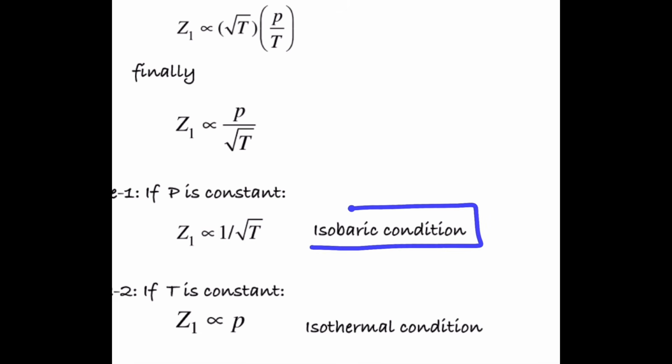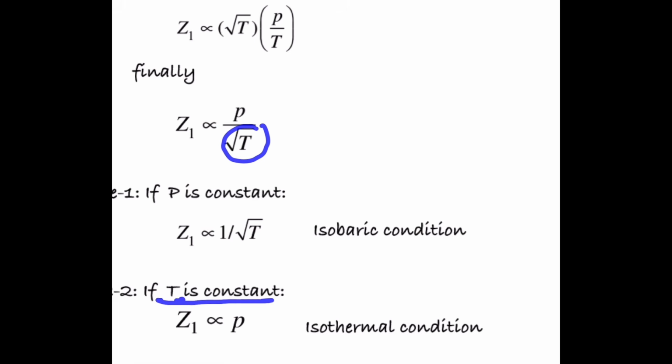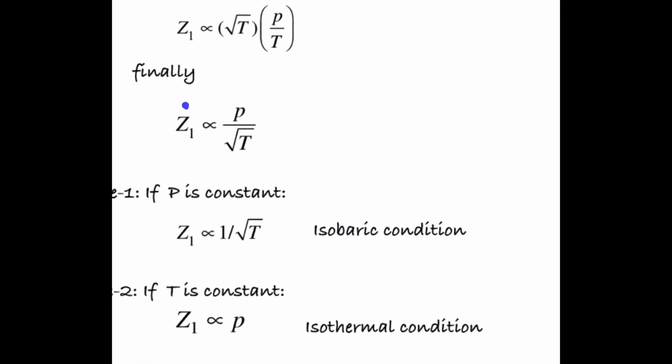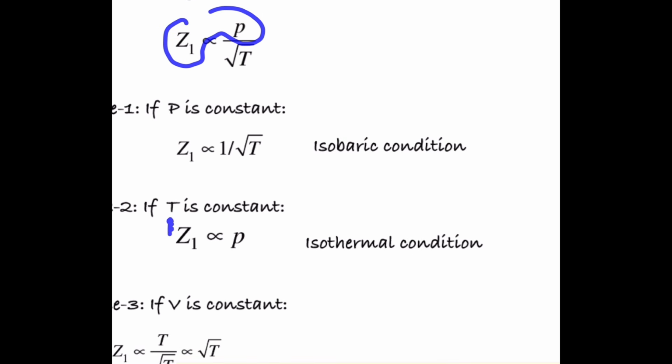In isobaric conditions, you can apply Z1 is inversely proportional to root over absolute temperature. If temperature is constant, Z1 is directly proportional to pressure. This is the expression you are going to get. Temperature is constant, therefore it is an isothermal condition.